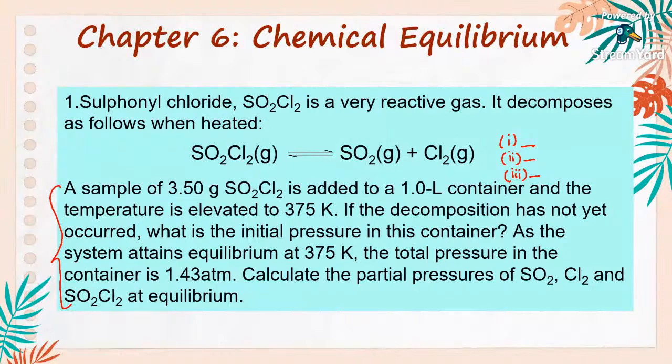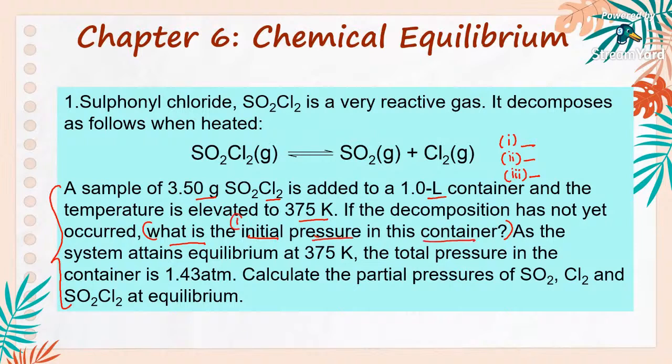If you see in this question, the mass of SO2Cl2 is added to a 1 liter container, and the temperature is elevated to 375. If the decomposition has not yet occurred, what is the initial pressure in this container? So you see there is one question over here: what is the initial pressure in this container?